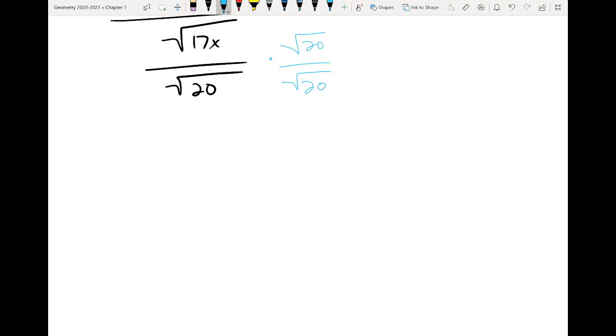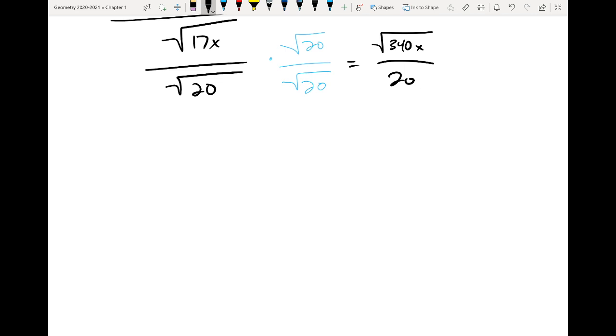We're just going to take that denominator, we're going to duplicate it, same thing over itself, right? Because the goal here actually has to do with the denominator, not the numerator. Rad 20 times rad 20 is 20. So now our denominator is an integer, and that's great, okay? Now, rad 20 times rad 17x, if you need a calculator, that's fine because you need to do 17 times 20. You might be able to do that in your head, which is rad 340x.